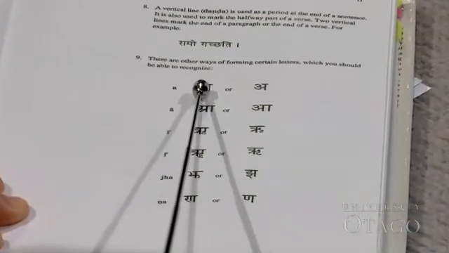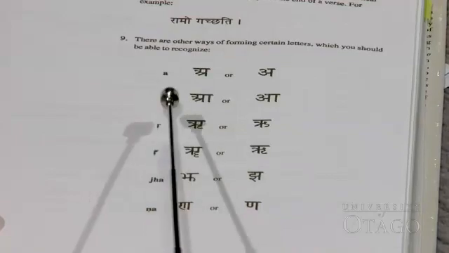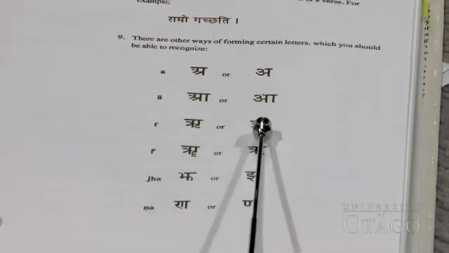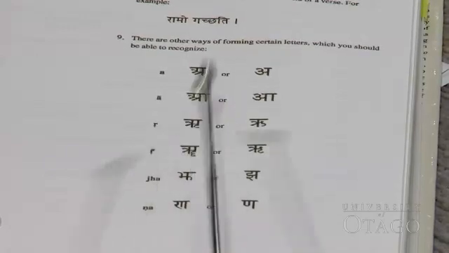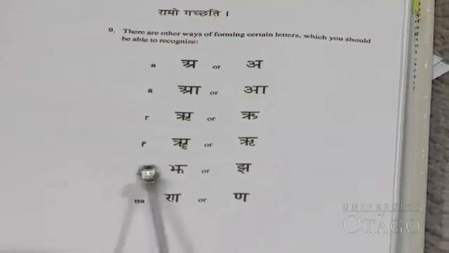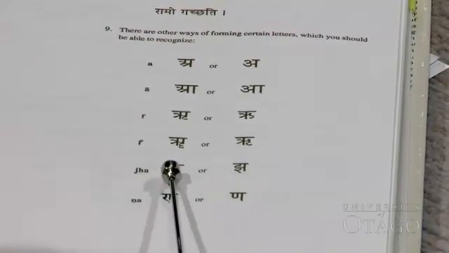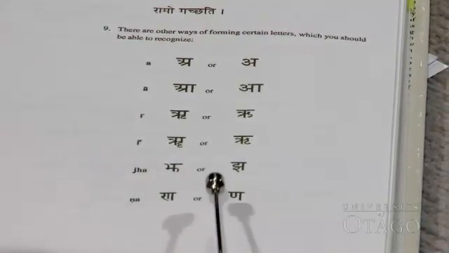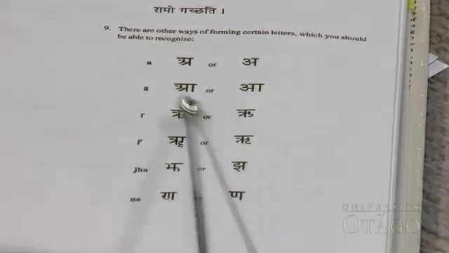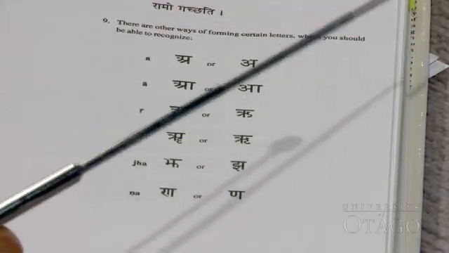This is the old form, this the modern form. And R, also this one and this one. Re, modern and old. Cha, modern and old. Na, modern and old. You can use both, and you should know both too, because you have to read the scripture. You have to know both forms.